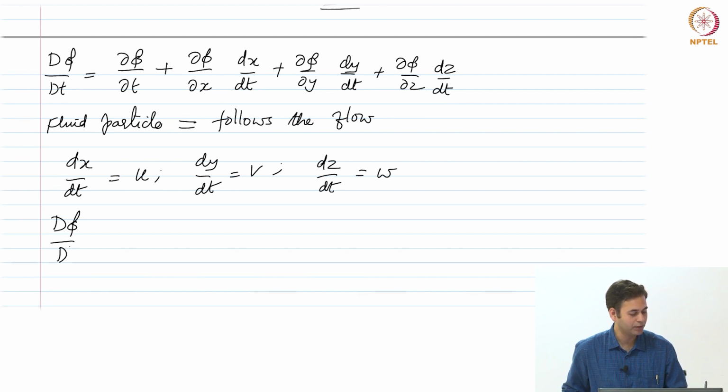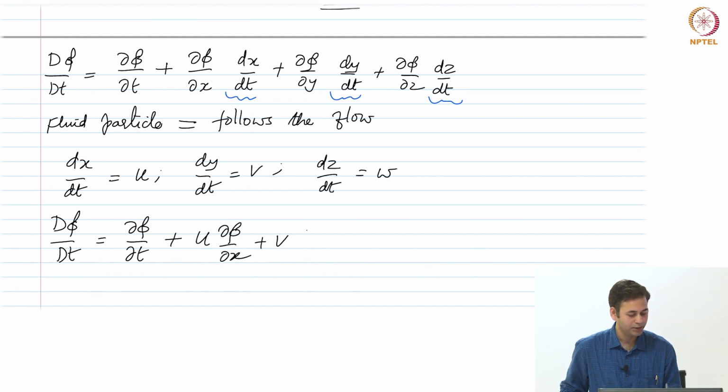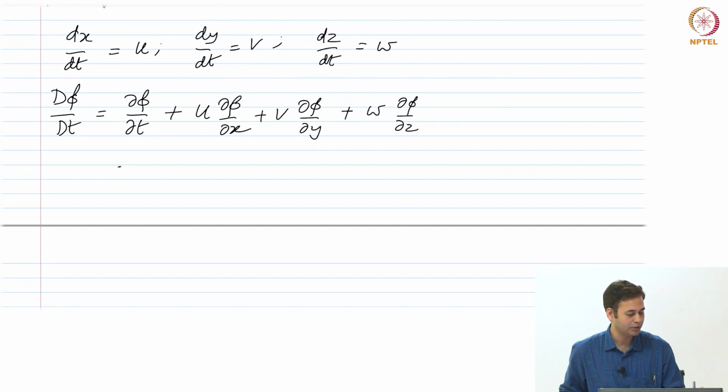So we get D phi Dt equals partial phi partial t plus, for dx/dt we have u, for dy/dt we have v, and for dz/dt we have w. So we plug in these three quantities, that will be u partial phi partial x plus v partial phi partial y plus w partial phi partial z. We can write this in a compact notation using nabla.